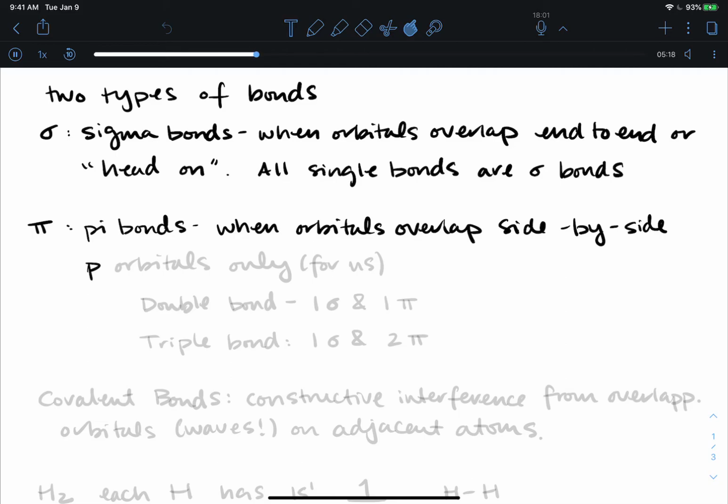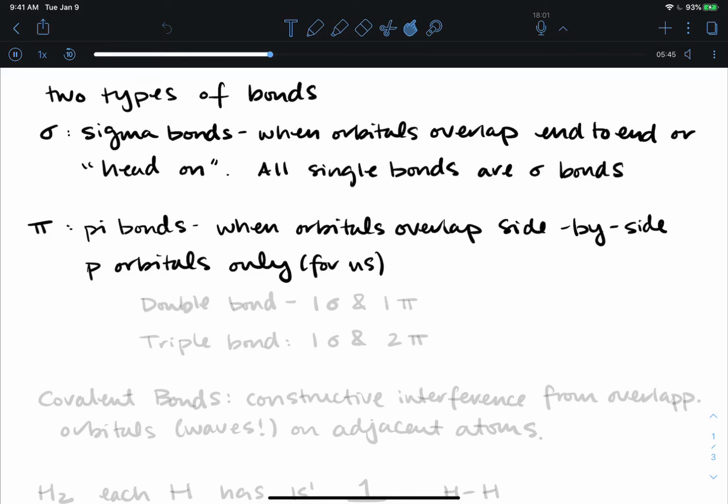So for us, it'll be p orbitals only, but you can imagine that in a bigger molecule you could do this with a d orbital because they have lobes that you could bring together side by side.